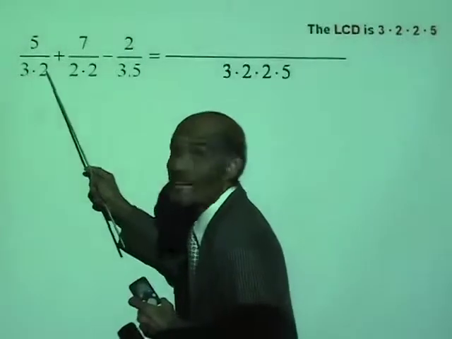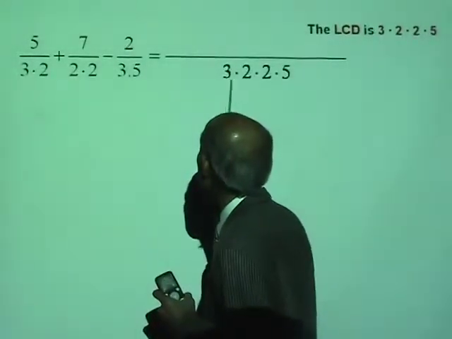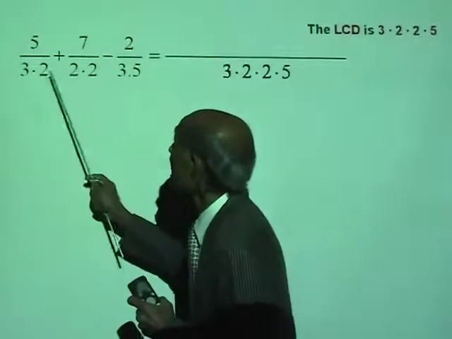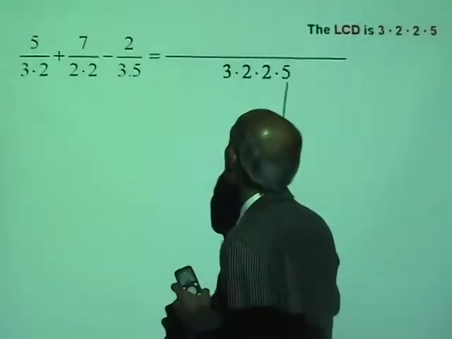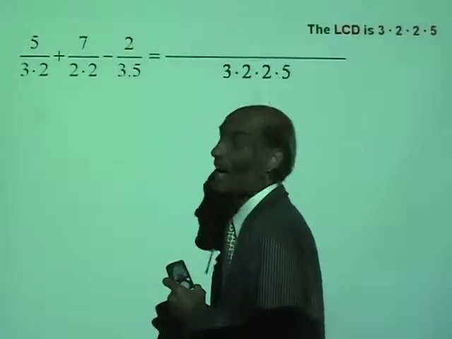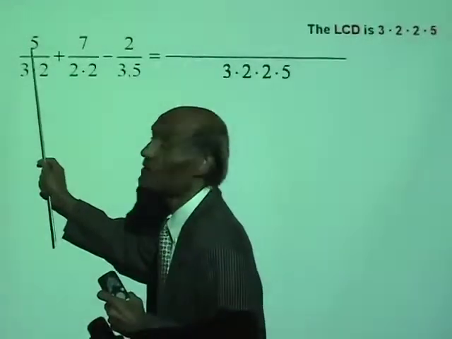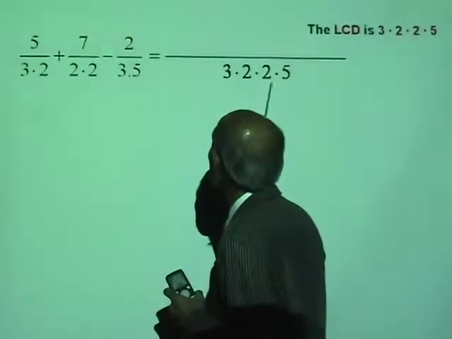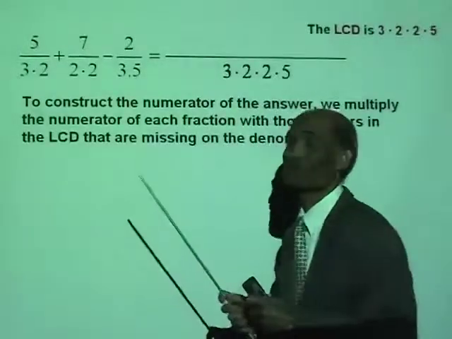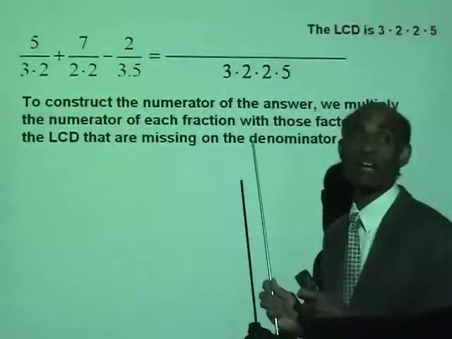3 times 2 is there. What is missing here are 2 times 5. And therefore, the number you will multiply this 5 by is those missing factors. Alright, I have written that down for you.